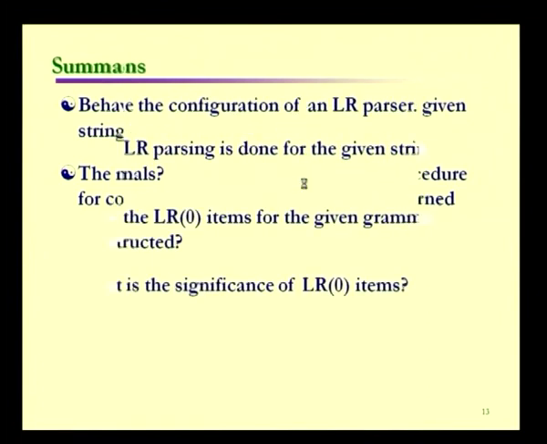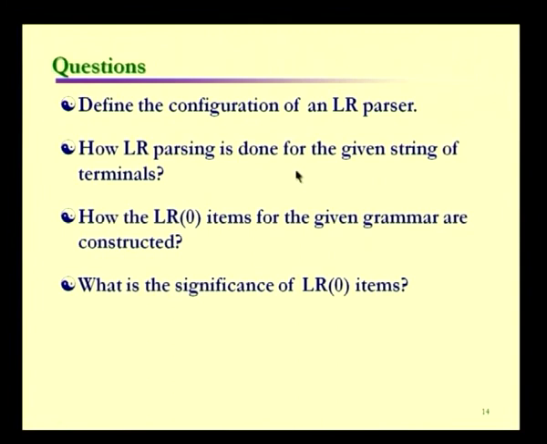As for the questions from this component: what is the configuration of the LR parser, how LR parsing is done with different actions like shift, reduce, accept or erroneous actions, how the LR(0) items for the given grammar are constructed, and what is the significance of the LR(0) items. The 0 here means that the parsing actions are not based on lookaheads.